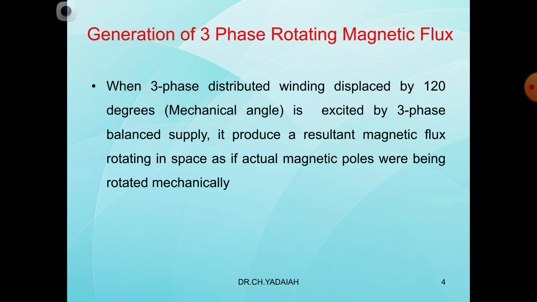Whereas in the case of a synchronous motor, we require a combination of DC motor and AC motor. As we have seen previously in the construction of the synchronous motor, it has a stator with three-phase distributed winding.